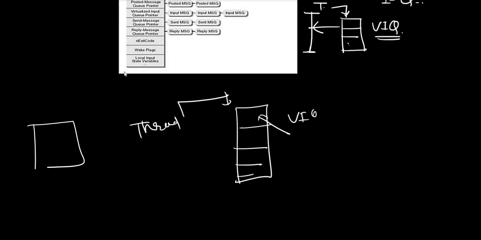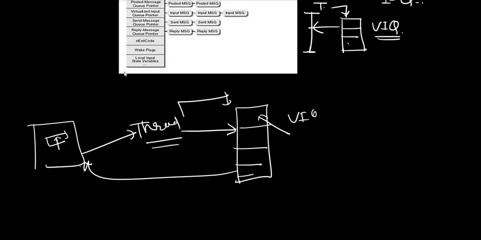Our thread keeps looking into this virtualized input queue. Suppose you have a window and on this window you have a button. As soon as you click the button, this window is associated with a thread, and this thread in turn is associated with this virtualized input queue, so a message appears in the queue.